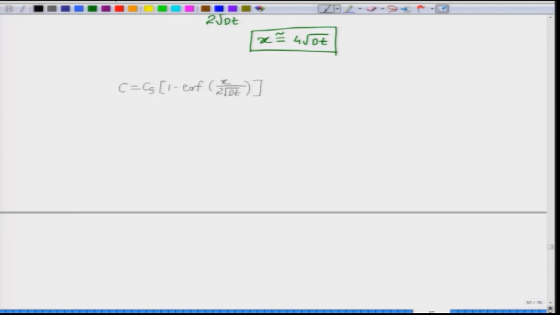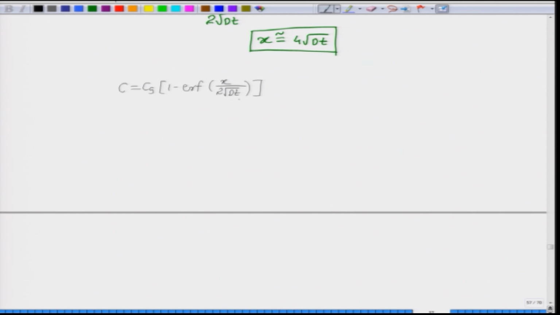So we derived an equation for the evolution of concentration profile in a semi-infinite slab boundary condition, which takes the form C equal to Cs times 1 minus error function x over 2 root Dt.